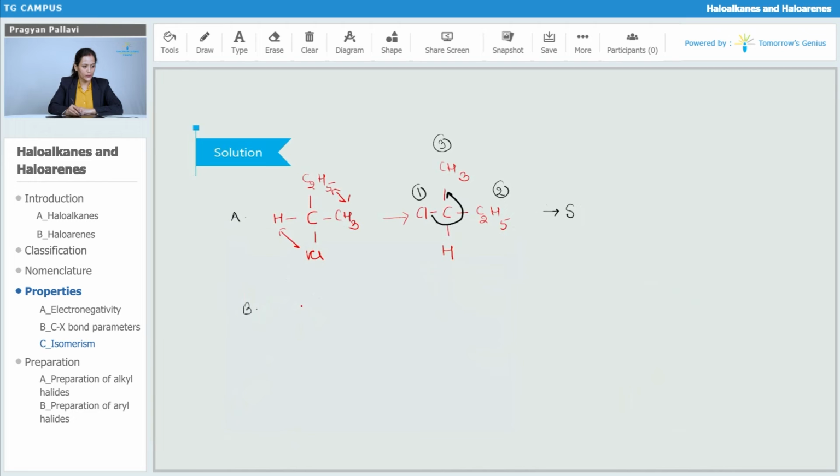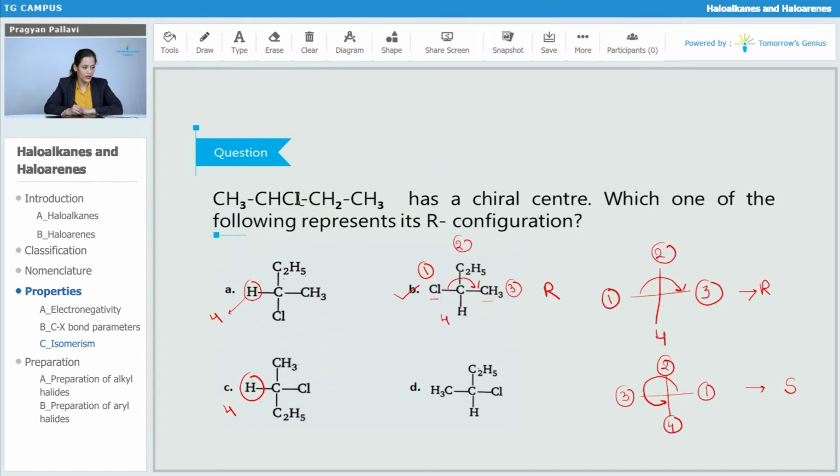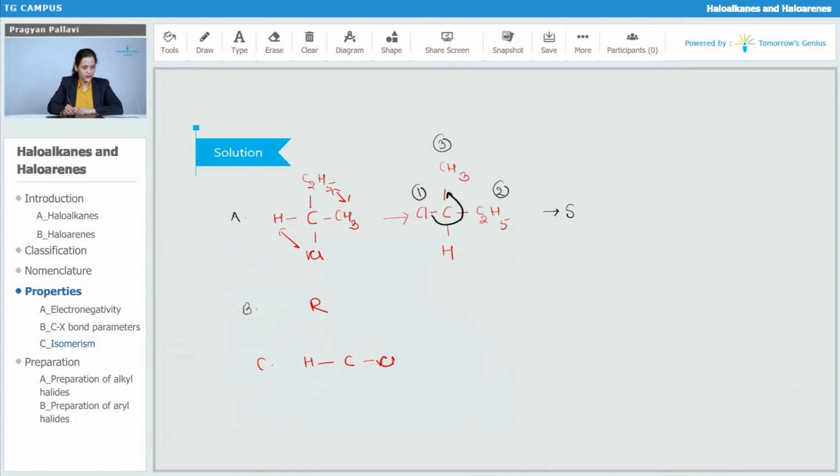So B is anyway R, and for C we have hydrogen and then fluorine, then CH3, and here C2H5.